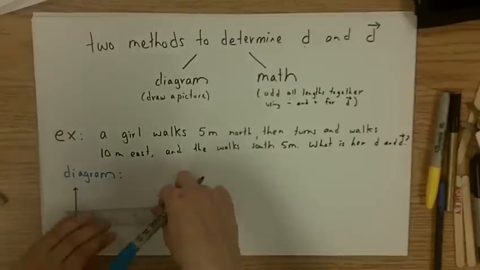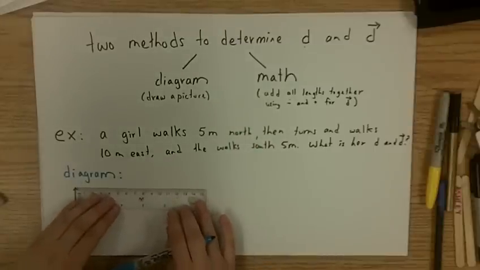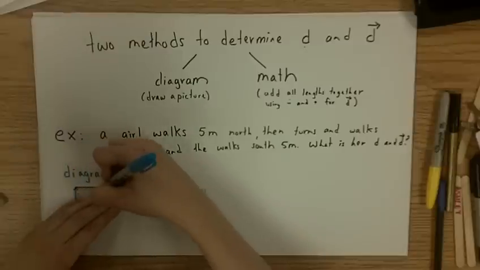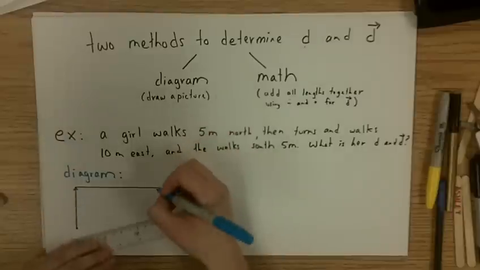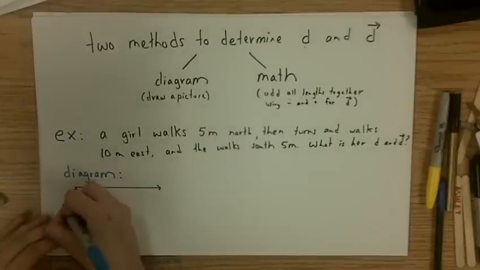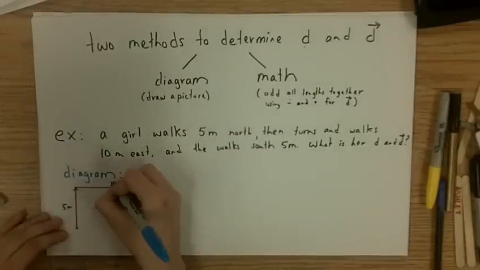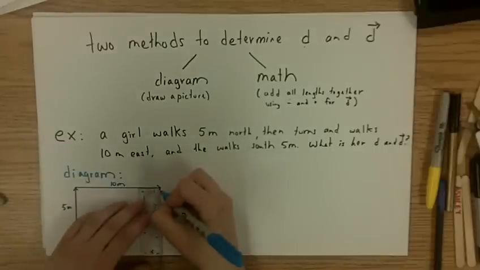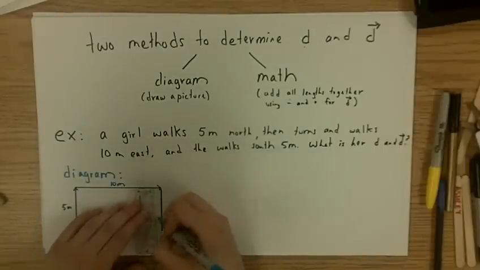And then she's going to walk 10 meters east, so I'll use 10 centimeters to represent her 10 meters. So that's 5 meters, 10 meters, and then she turns and walks south 5 meters.